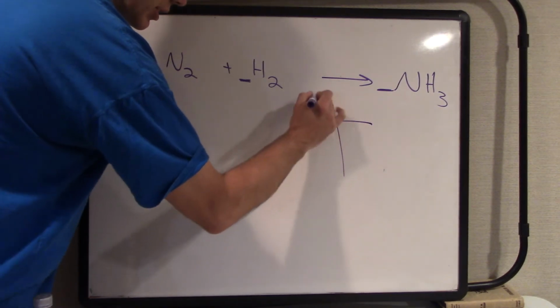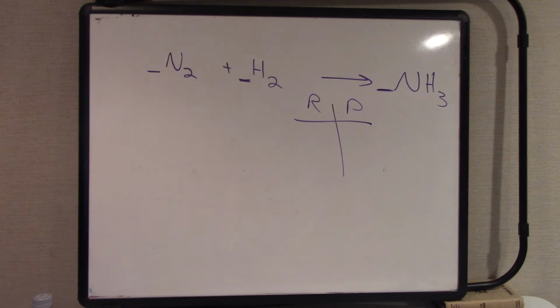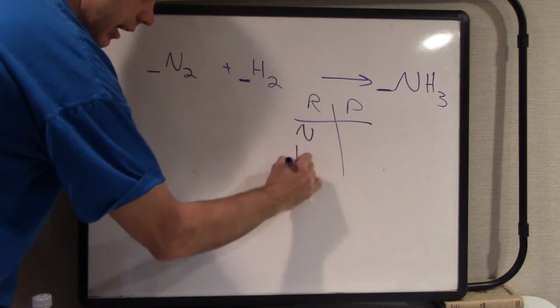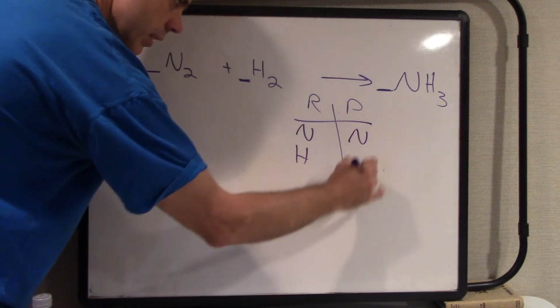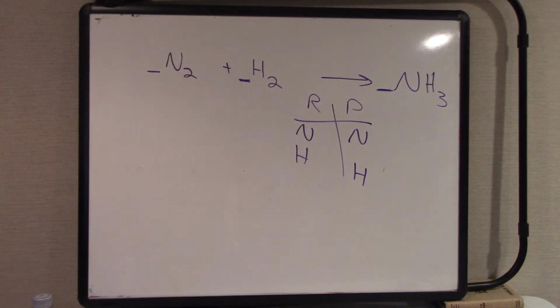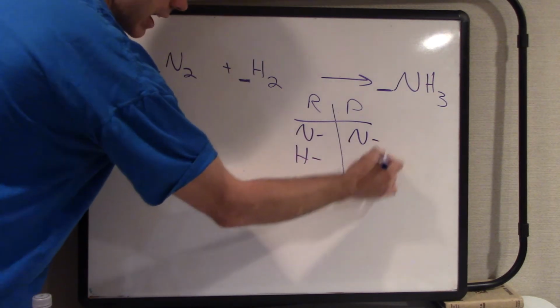So it really is a tally sheet. Reactants and products, or left and right. And all I'm going to do is start with what elements I have in play. This one's relatively simple. I only have 2 elements, nitrogen and hydrogen. And I'm just going to start listing where I'm currently at.